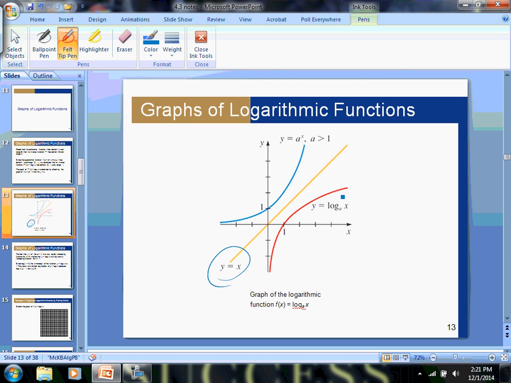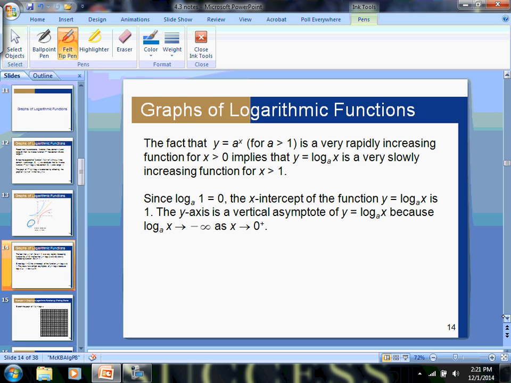And also the exponential function is going to have a horizontal asymptote of y equals 0. And the logarithmic function is going to have a vertical asymptote of x equals 0. So those are some other characteristics of exponential functions and then logarithmic functions when you graph them.